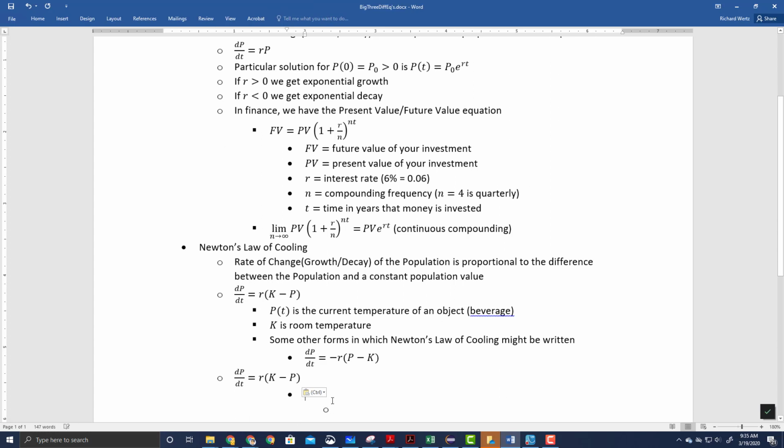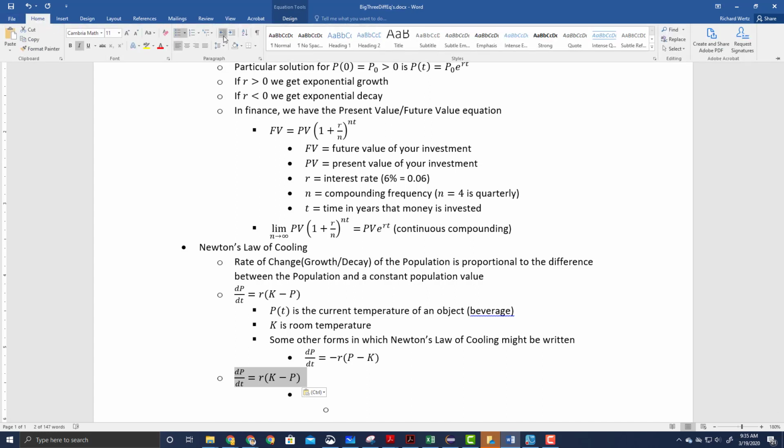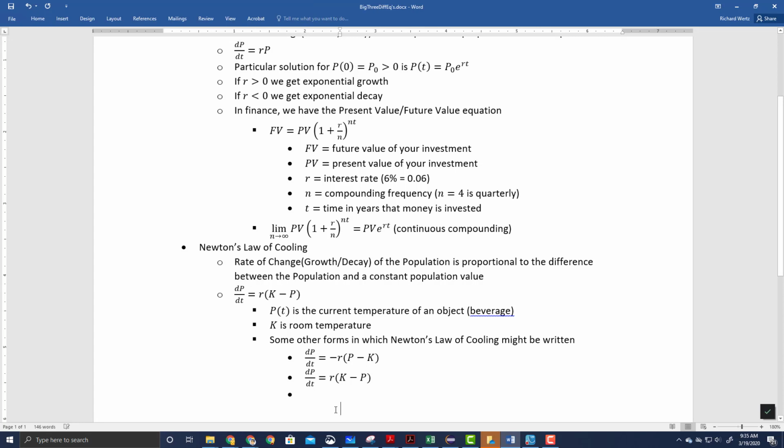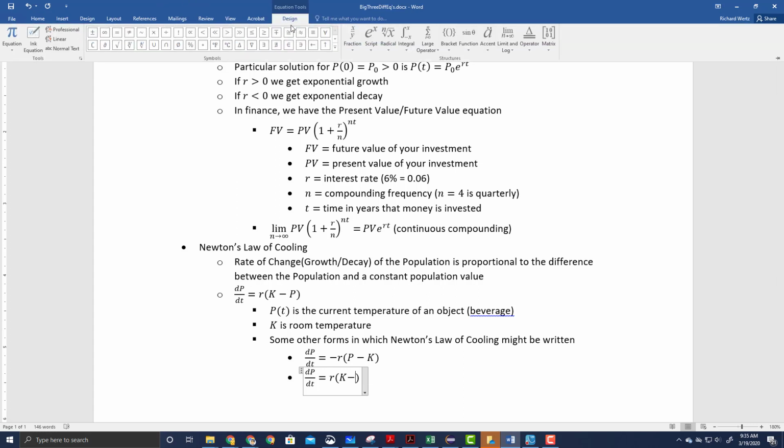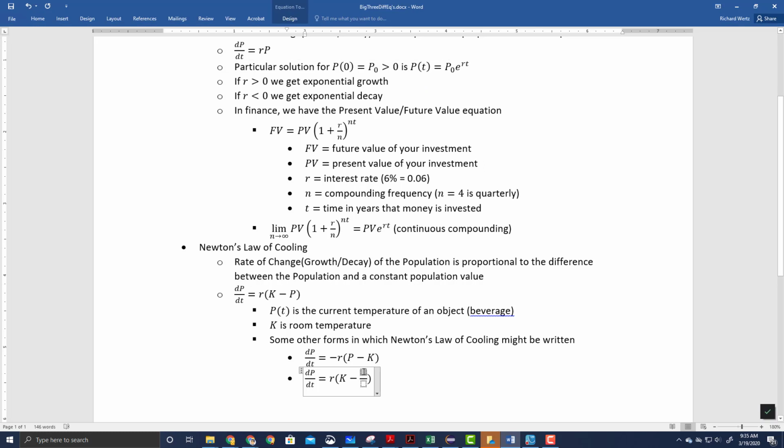Sometimes they will divide the right-hand side through by K. So it might look a little something like this, and then this will be a 1 right here.